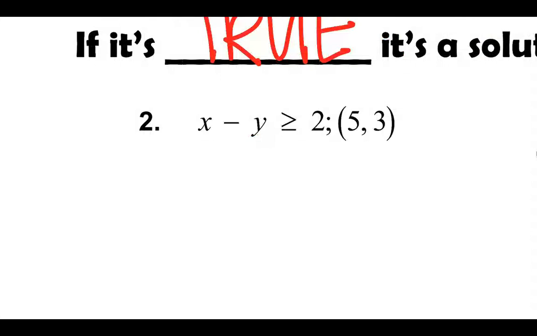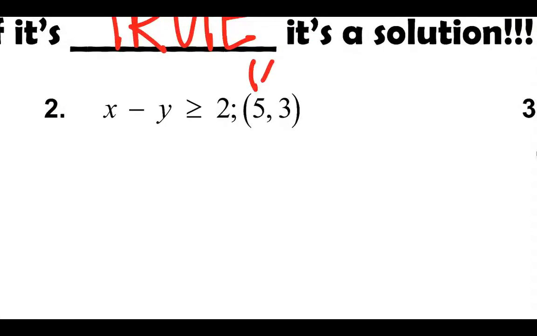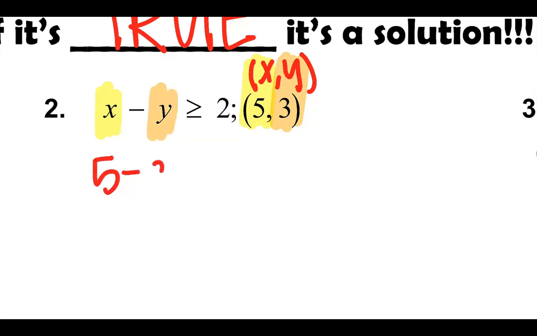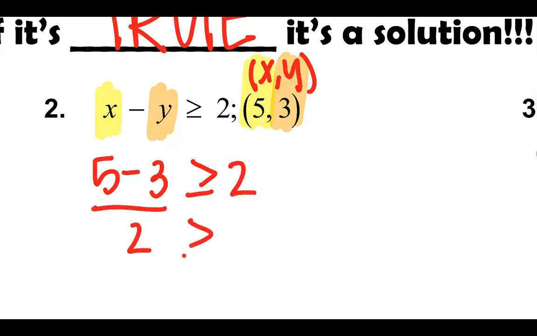So that's how you do it. Again, looking at this one, points are given x comma y. I'm going to plug in a 5 this time everywhere I see an x in my inequality, and a 3 everywhere I see a y. So I've got 5 minus 3 is greater than or equal to 2. 5 minus 3 is 2, greater than or equal to 2. Well, yes, 2 is equal to 2. It's not greater than, but it is equal to.